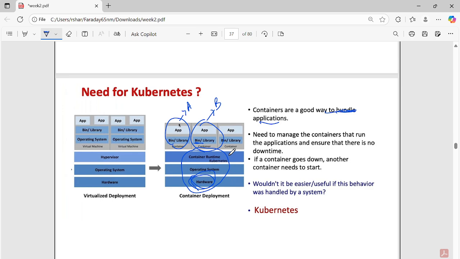So containers are a very good way to bundle applications. Now we need to manage the containers that run this application and ensure that there is no downtime.